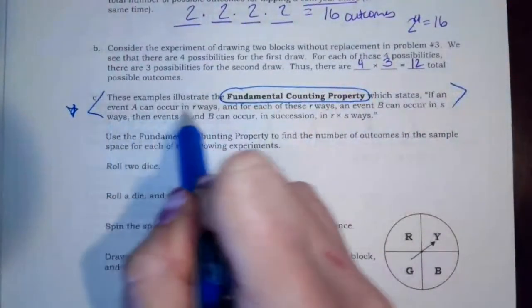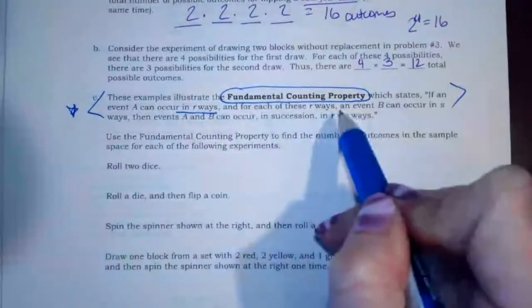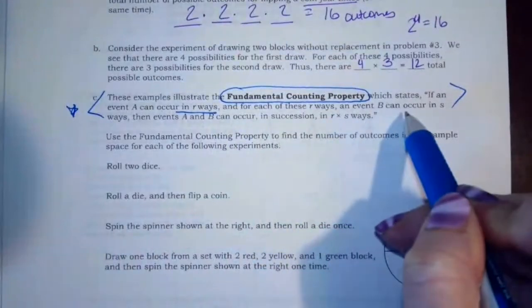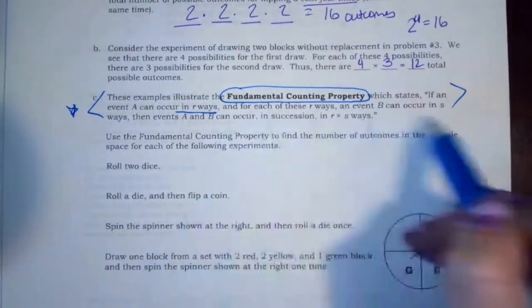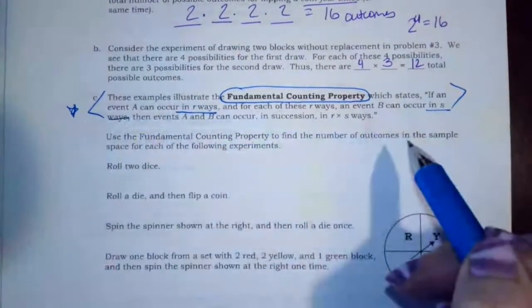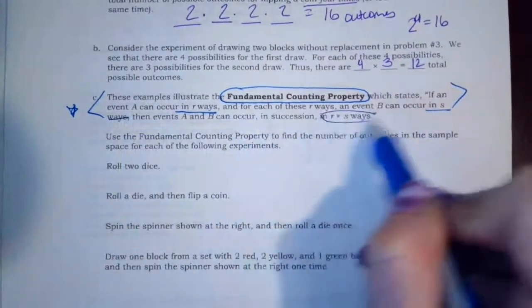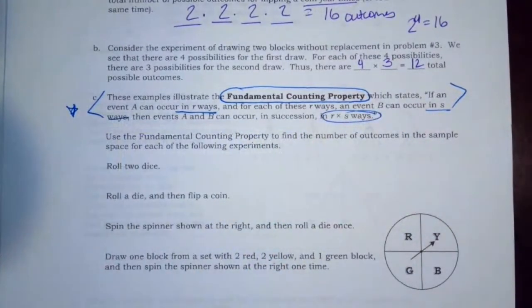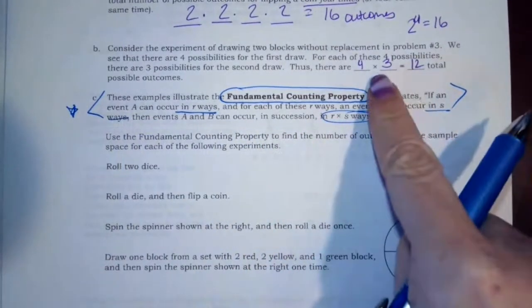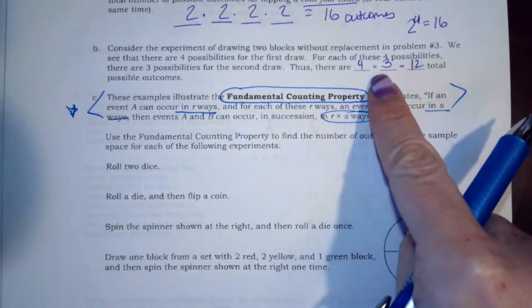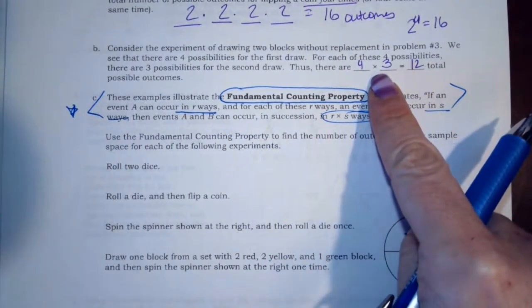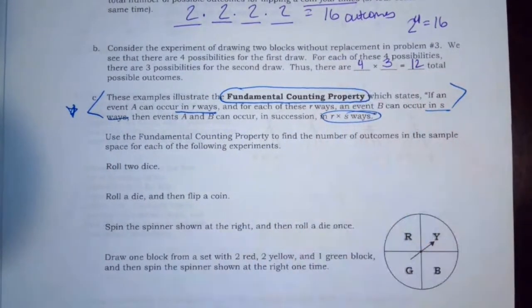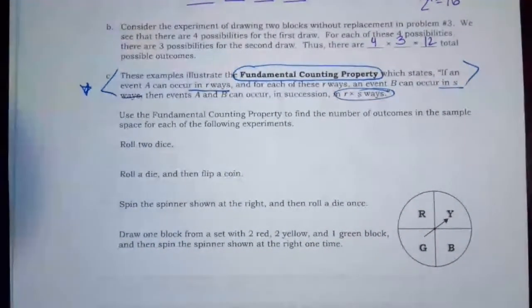If you have an event that can occur in R possible ways, and for each way, the second event can occur in S possible ways, then in succession, you're going to multiply R times S. What we were doing here to calculate the sample space, the number of outcomes, is doing our fundamental counting property. So let's look at some examples of this.